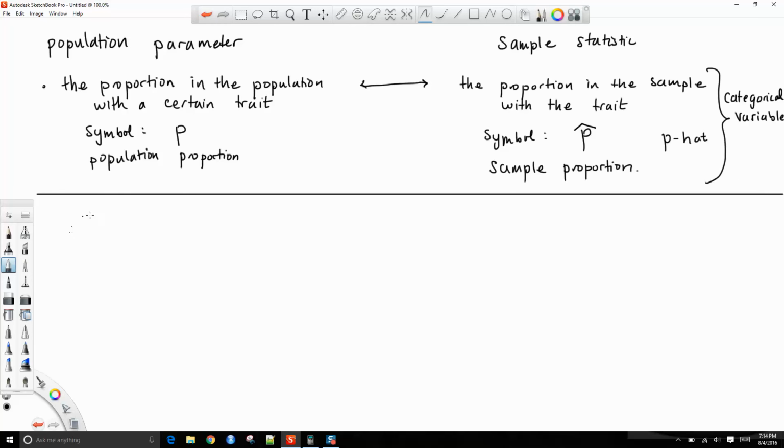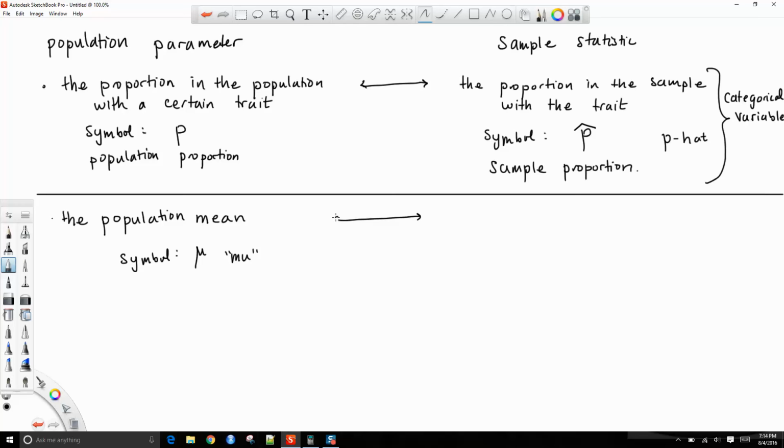If we're dealing with numeric variables, then we'll have the population mean, and the symbol for that is mu. Okay.